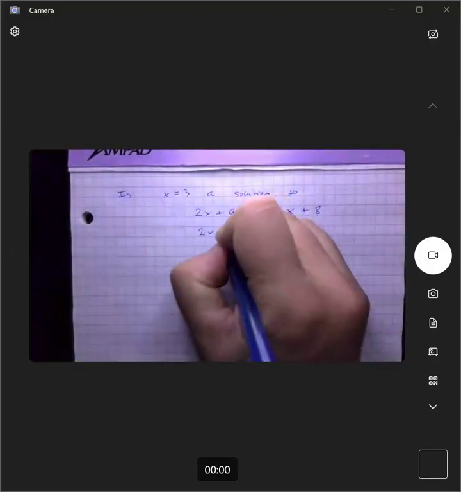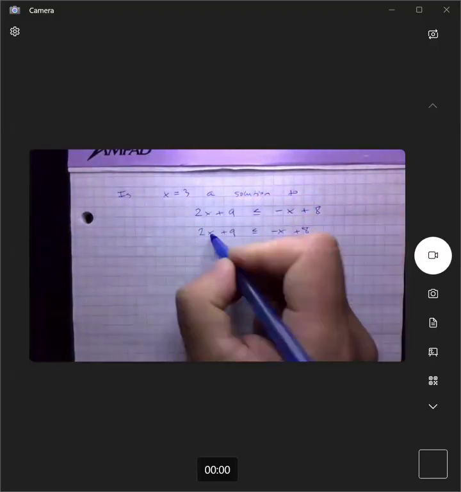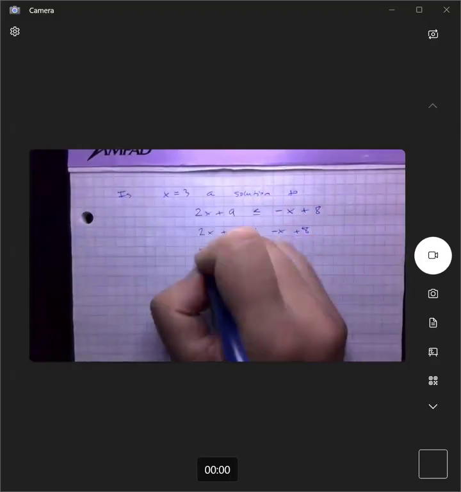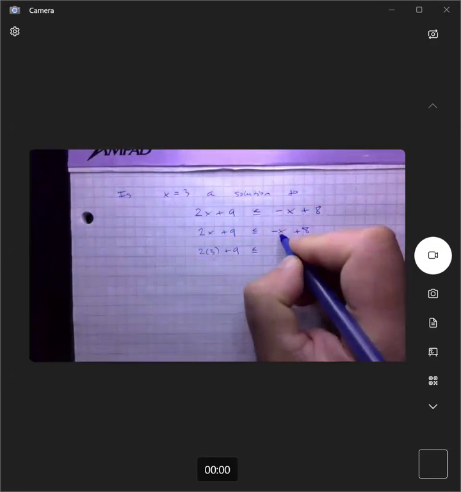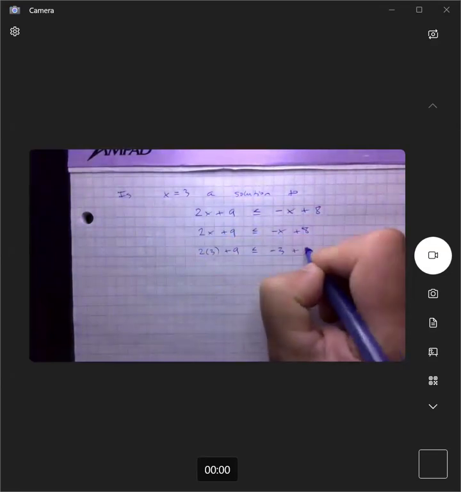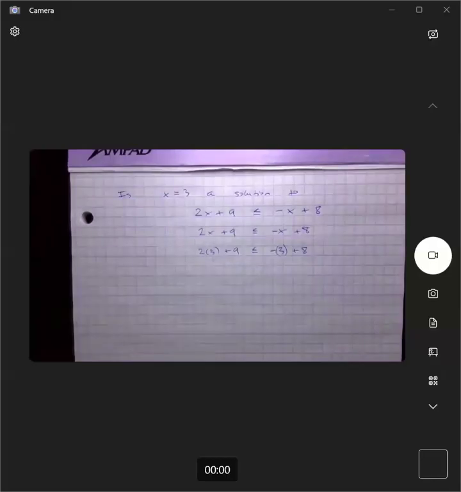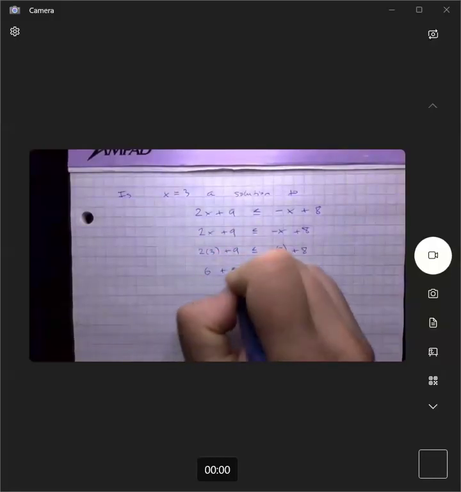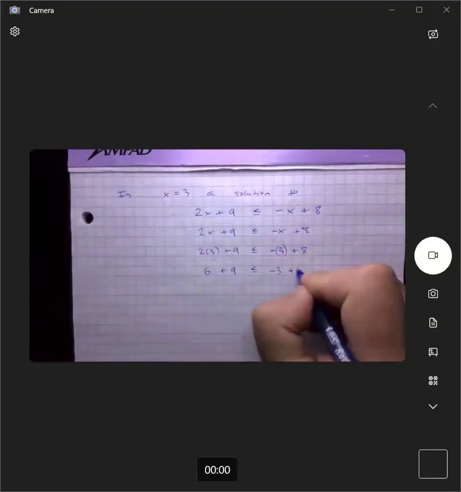So we have 2x plus 9 here, negative x plus 8 there, and we're going to replace the x with the 3. So we have negative 3 plus 8. So put that in parentheses. There we go. Next step, we get 6 plus 9. And here we have negative 3 plus 8.